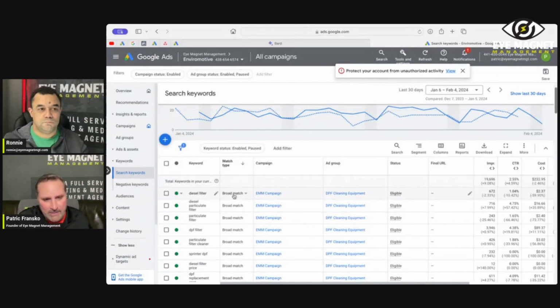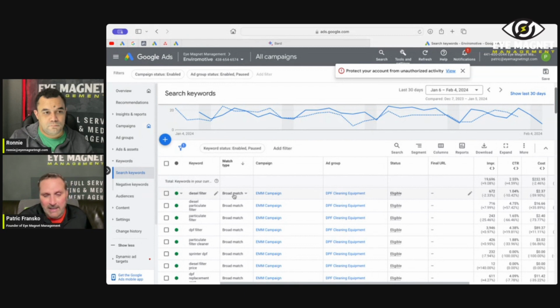It's going to try to grab as many people as you can. The net is as big as it can be. Phrase match is a little bit tighter net. You're going to probably lose a couple of those impressions, but you're going to have hopefully a better quality of impressions. An exact match means you're going to have an even smaller net still, but the people that are in that net are people that have searched for exactly what you added as keywords.